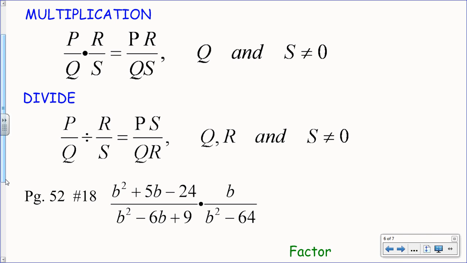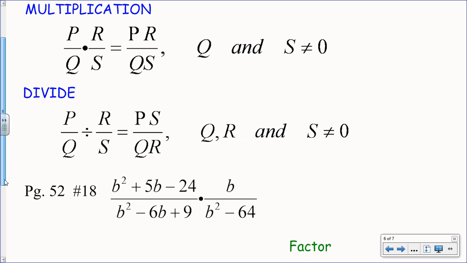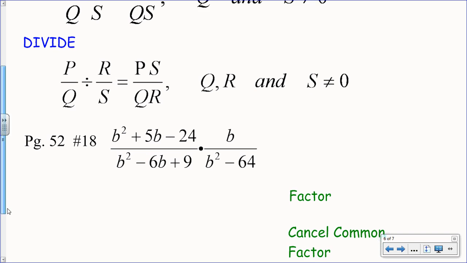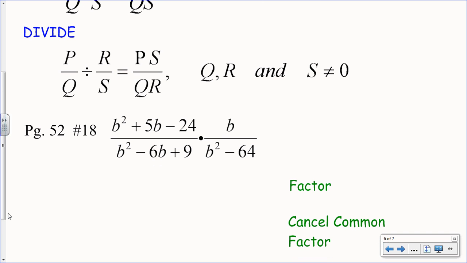The first thing we want to do with a multiplication or division or a simplifying is factor. So factor every numerator and denominator if possible. So in this top numerator, there's not a common factor, but it's a quadratic trinomial, so it's going to factor to two binomials.